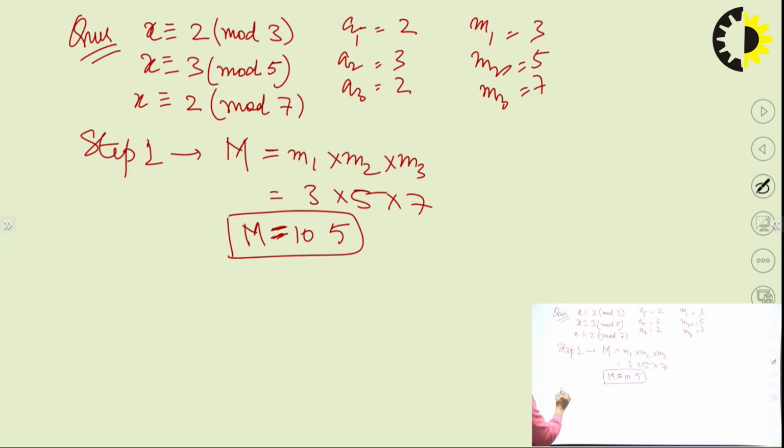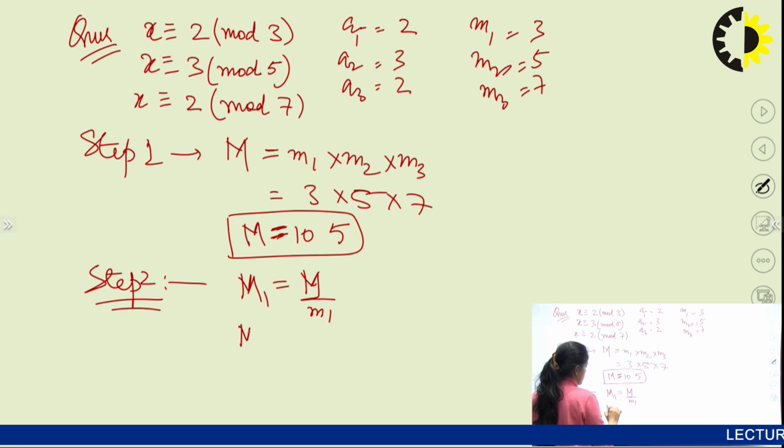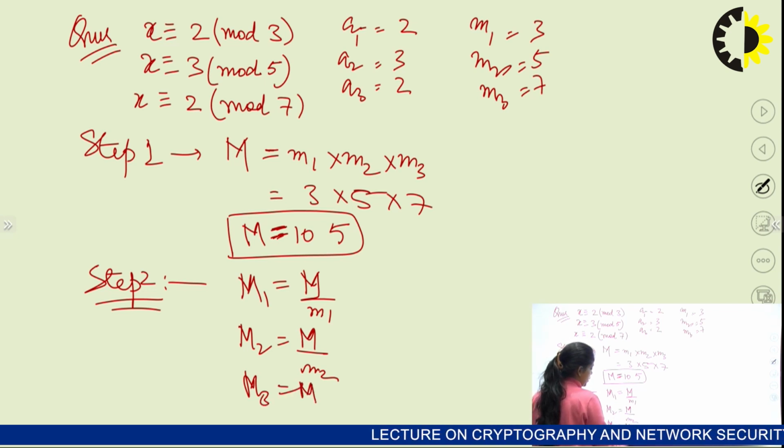Now in step 2, we will calculate capital M1 equals M by m1, capital M2 equals M by m2, capital M3 equals M by m3.